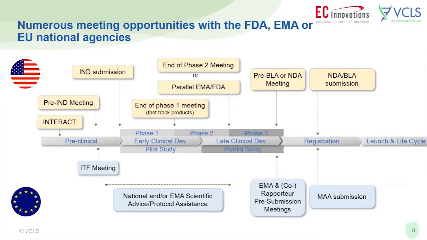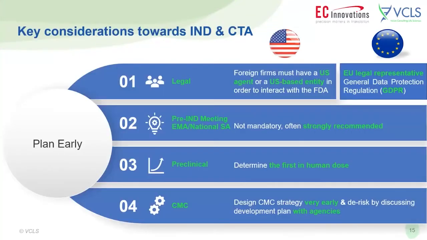You can see that there were obviously numerous opportunities to meet with health authorities. And it is really crucial to engage early on with them and to consider them as a real partner all along the development. So some key considerations as we focus on these clinical trial applications and investigational new drug applications.